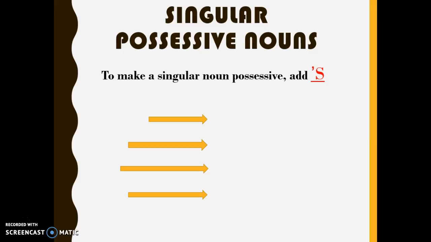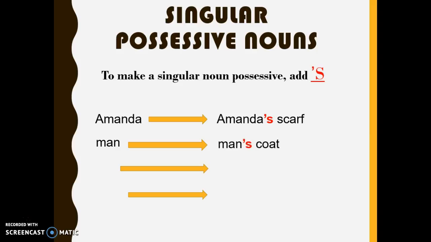To make a singular noun possessive, simply add an apostrophe S. For example, in the name Amanda, simply add an apostrophe S to show that she owns her scarf. In the word man, add an apostrophe S to show that the man owns a coat.